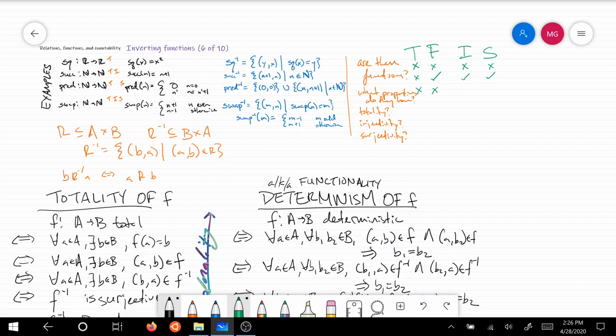Well, it is a surjective relation that we get out. Is it injective? Well, let's think about that. 0 maps to 0, and 0 also maps to 1. That's fine. That actually doesn't mess with injectivity. It's not a function, but it's still a relation that could have that injective property. Otherwise, every number will map to something unique, so it will be, in fact, injective.